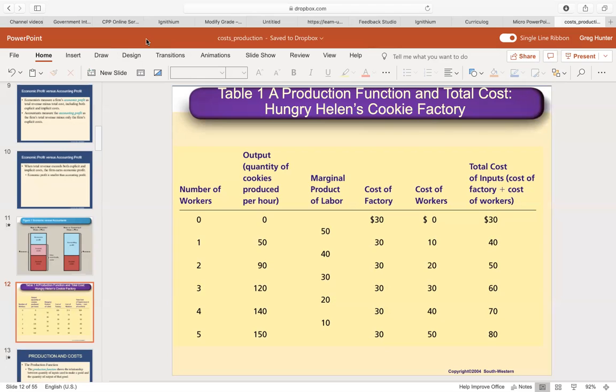Go ahead. So yeah, I was asking if the economic profit is zero at equilibrium, what happens when it's larger or less than zero? Well, that's a really good question, and we're going to answer it pretty quickly.